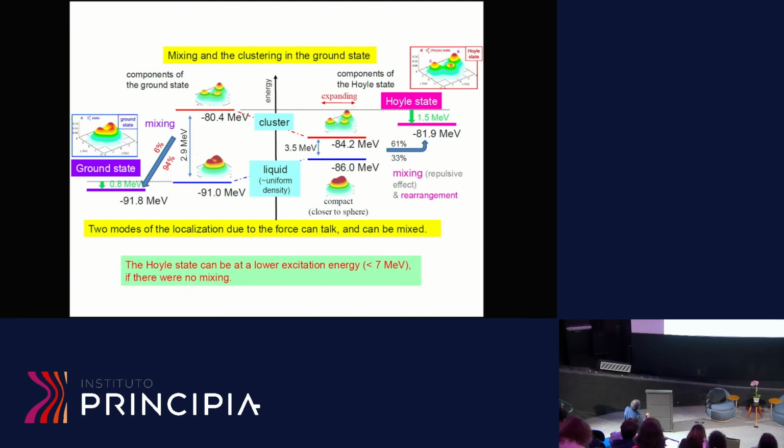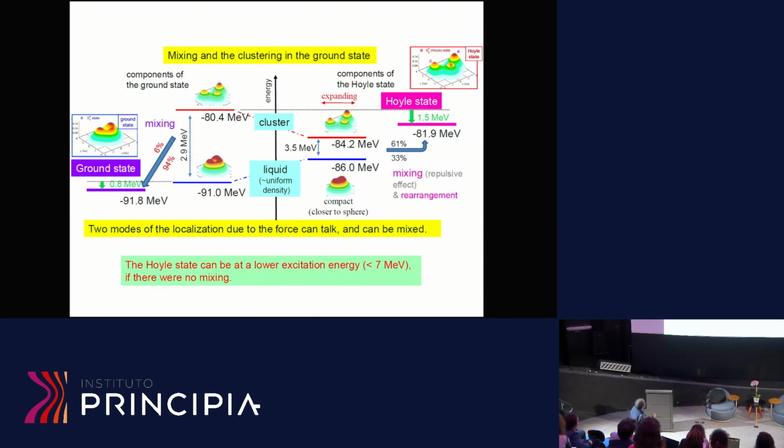That means even the ground state contains 6% of a 3 alpha cluster component. Then if you look at the Hoyle state, this kind of configuration and this kind of configuration are sitting here, but they repel each other, and finally the Hoyle state comes to here. The energy difference between this one and that one is about 10 MeV. That is slightly higher than the experimental value, but it's still below the alpha threshold.